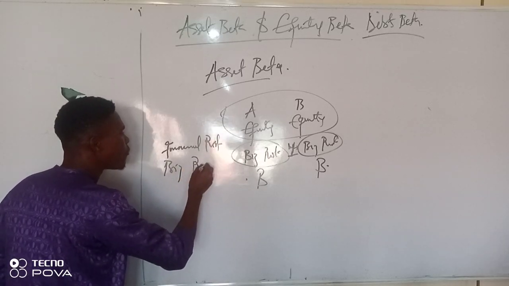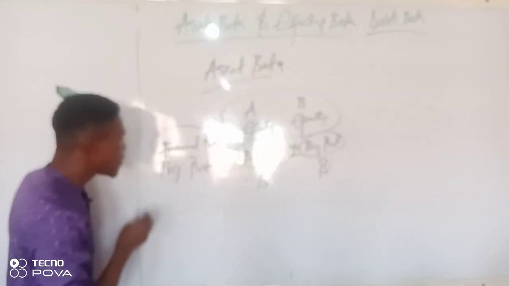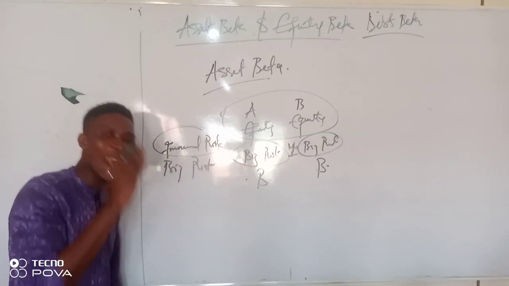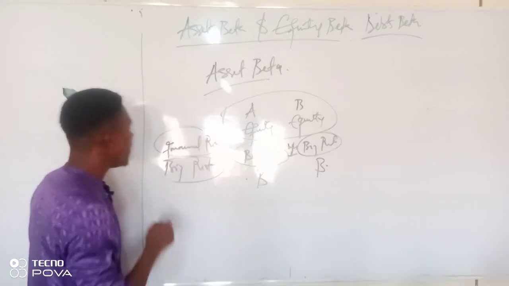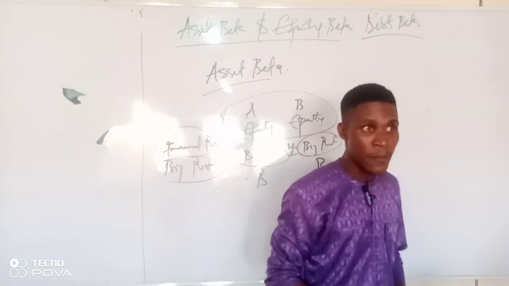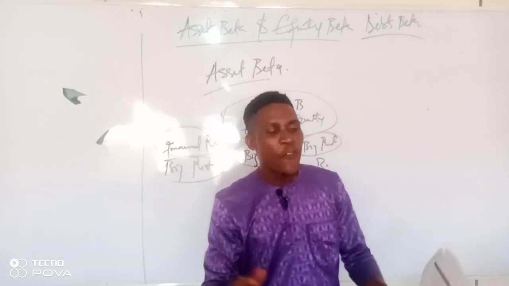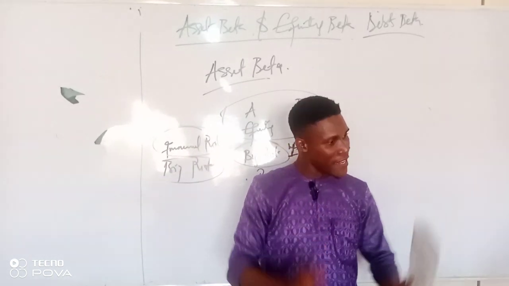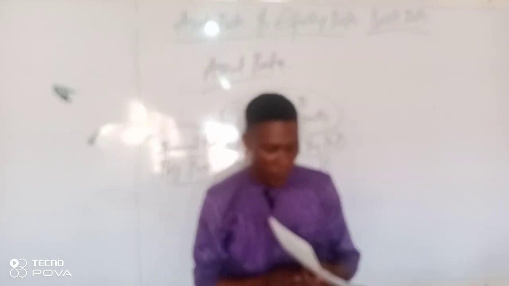So if we remove financial risk, the asset beta only measures the business risk. And don't forget, it is financial risk that brings about gearing. Once you are geared, you are exposed to financial risk. So if you remove that financial risk out of the way, only business risk remains. So the asset beta measures the business risk alone.